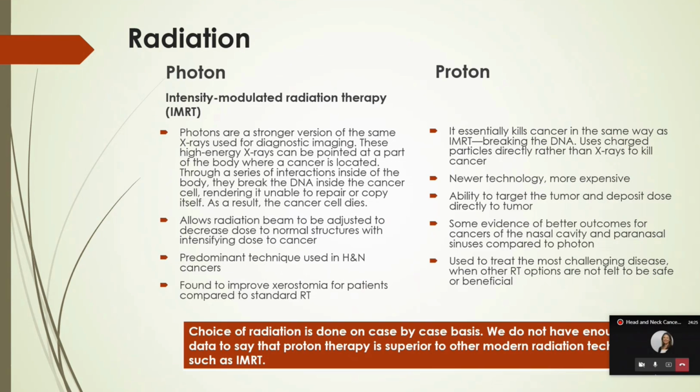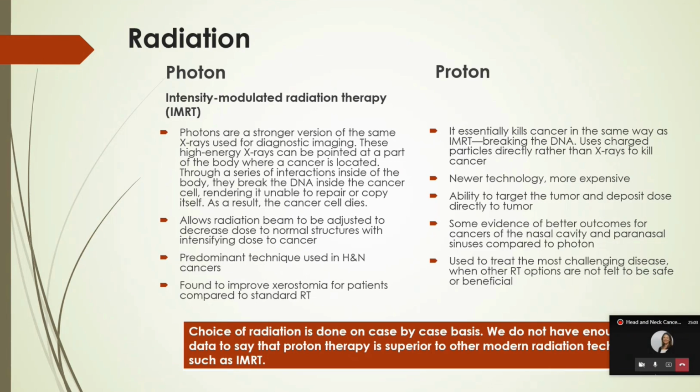Photons are really a stronger version of the light beams from an X-ray, the X-rays that are used for diagnostic purposes. It's the same type of energy. So it's a high energy X-ray that's pointed at a particular part of the body where the cancer is located. And through a series of interactions with these strong X-ray beams, they break down the DNA in the cancer cell and render it unable to repair or to copy itself. With that, it causes the cancer cells to die.